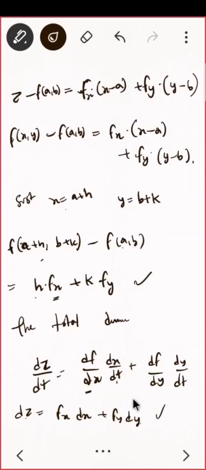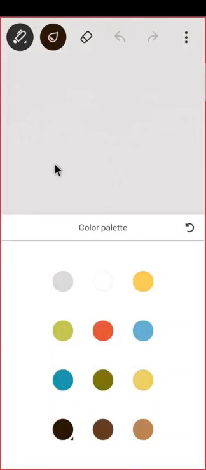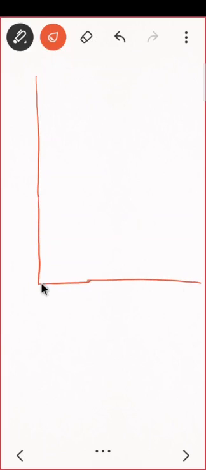Now let us see graphically what I did. So we have a three-dimensional diagram, something like this. This is the x-axis, this is the y-axis, this is the z-axis, correct? Suppose I have a point (a, b). So this is point a, this is point b.